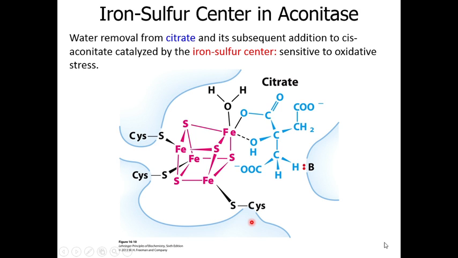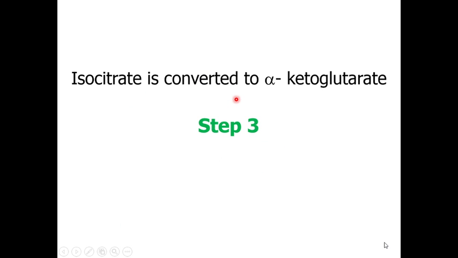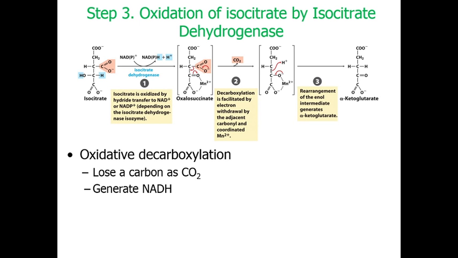In step 3, isocitrate is converted to alpha-ketoglutarate. Oxidative decarboxylation of isocitrate happens, and this is catalyzed by Isocitrate Dehydrogenase. During this reaction, isocitrate is first oxidized to oxalosuccinate by the enzyme using NADP as a cofactor.